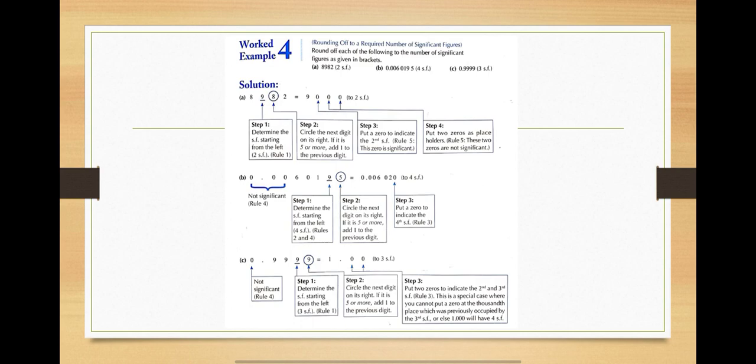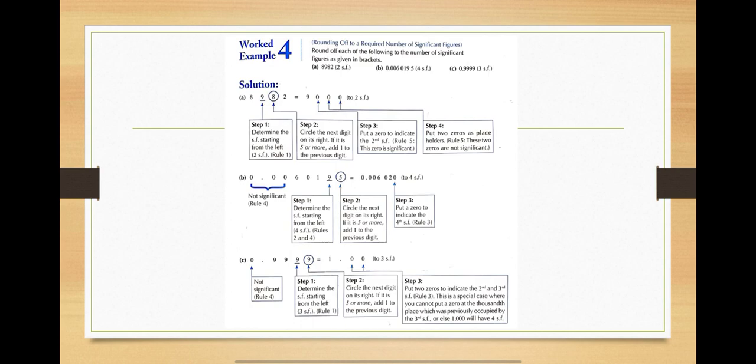So for question B, 4SF. All the zeros on the left are not significant. So you need only the 6019. The number behind the 9, which is 5, is the indicator whether you need to round up the 9 or round down.